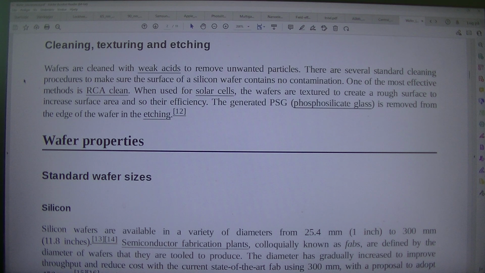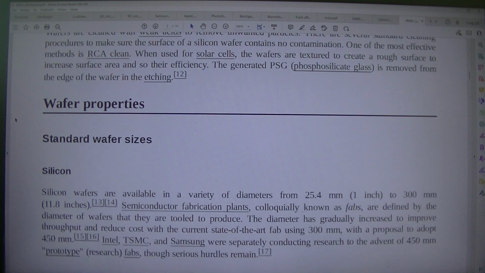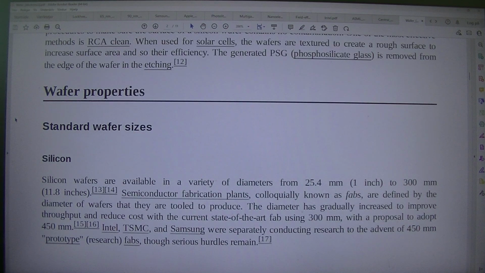Wafer properties. Standard wafer sizes. Silicon. Silicon wafers are available in a variety of diameters from 25.4 mm, 1 inch, to 300 mm, 11.8 inches. Semiconductor fabrication plants, colloquially known as fabs, are defined by the diameter of wafers that they are tooled to produce.